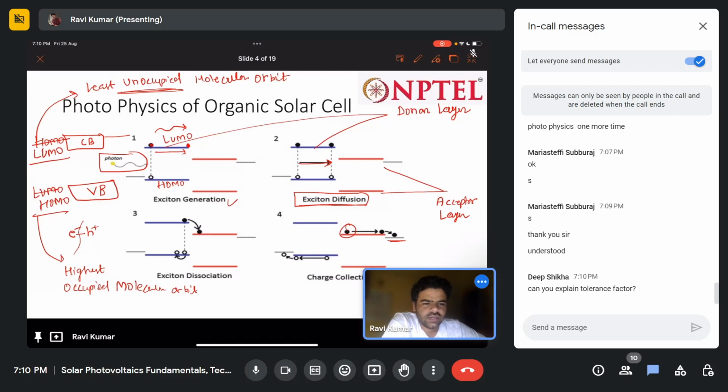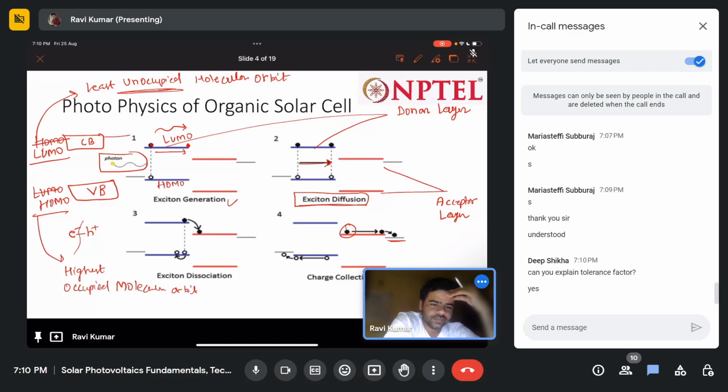Can you explain tolerance factor? Tolerance factor, it is about the perovskite, right? Deepsika, it is related to perovskite, right? Yes. So we will see some questions as well as the perovskite cells in the next class, next week.